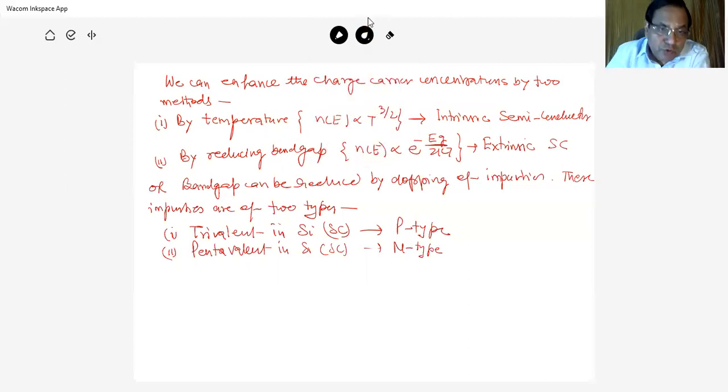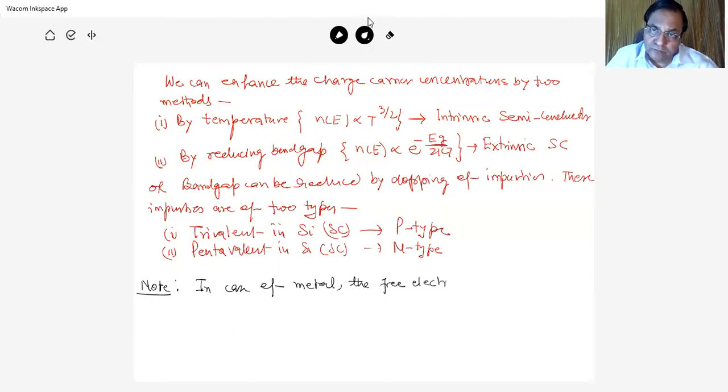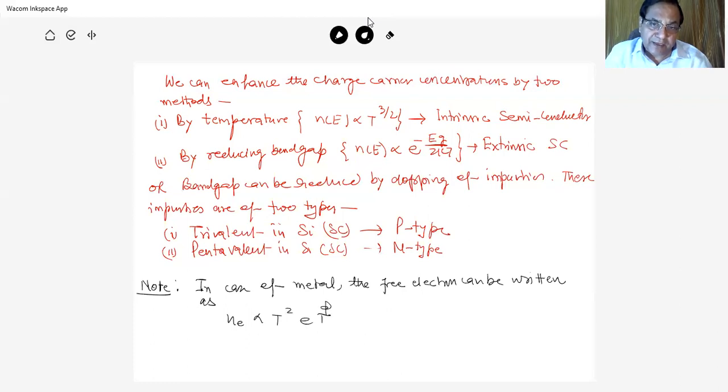Now, one important thing should be kept in mind here. Note, in the case of a metal, the free electron concentration can be written as Ne proportional to T square into e raised to the power phi upon kT.